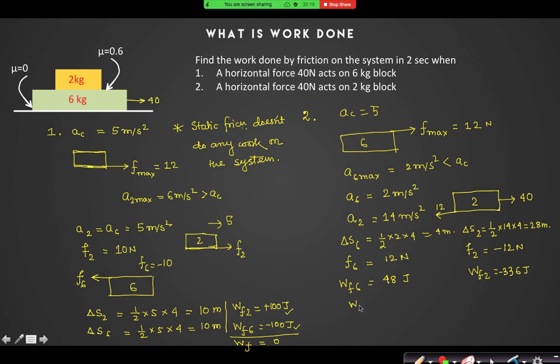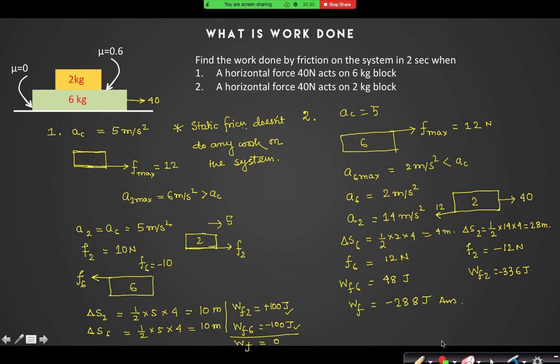So what is the net work done by the friction forces? It is minus how much? 288 joule. That should be the answer.